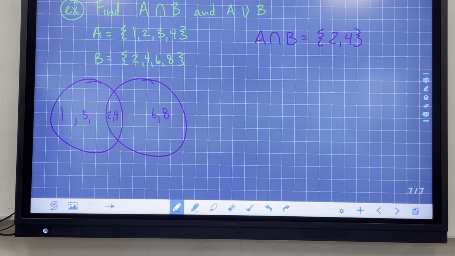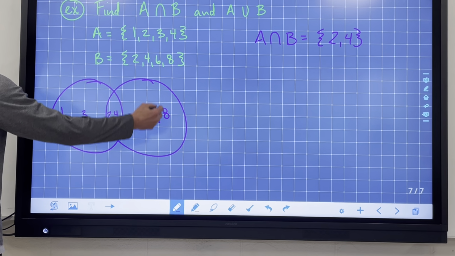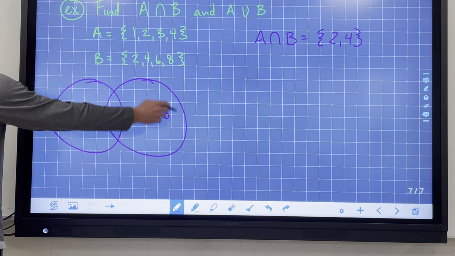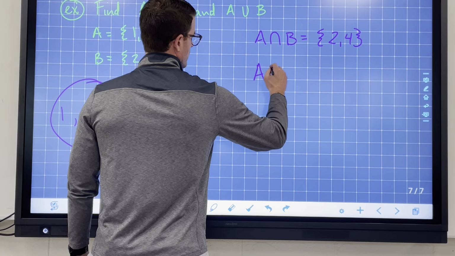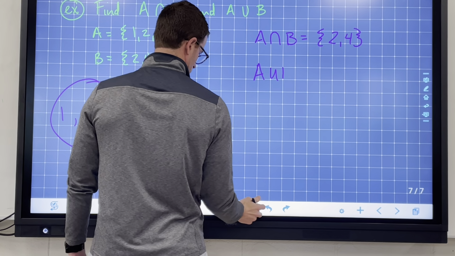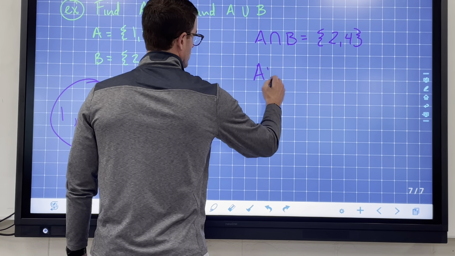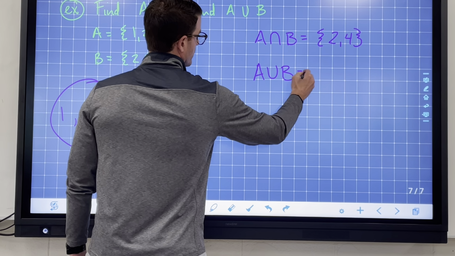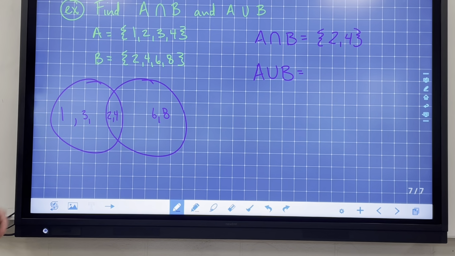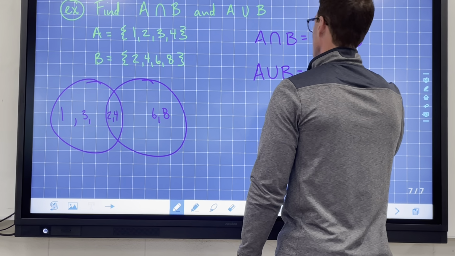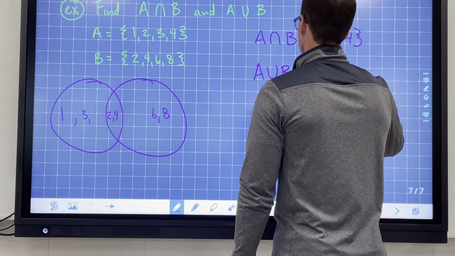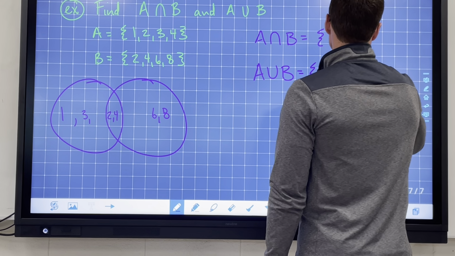Now the union. The union, I'm just going to combine everything. For the union of A and B, I'm just going to put both groups together. So it's going to be the set of 1, 2, 3, 4.